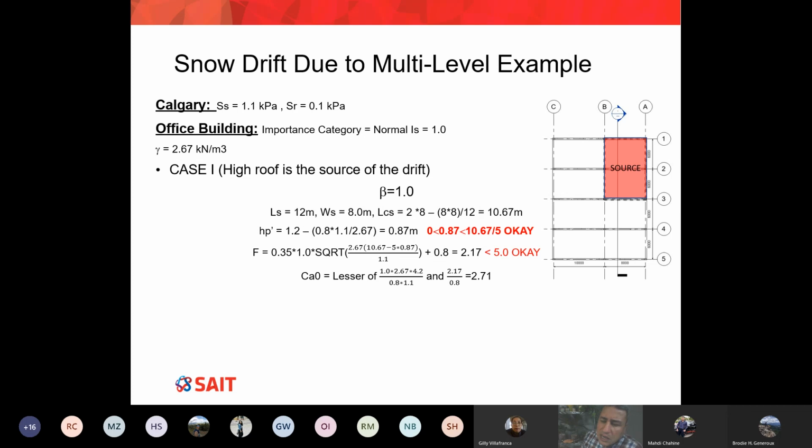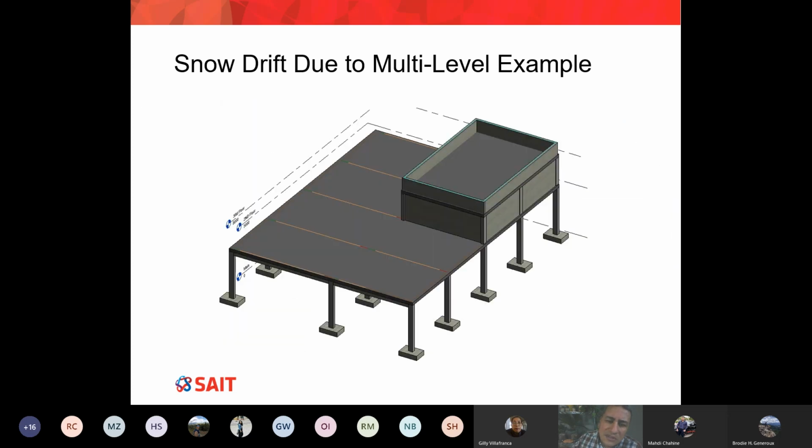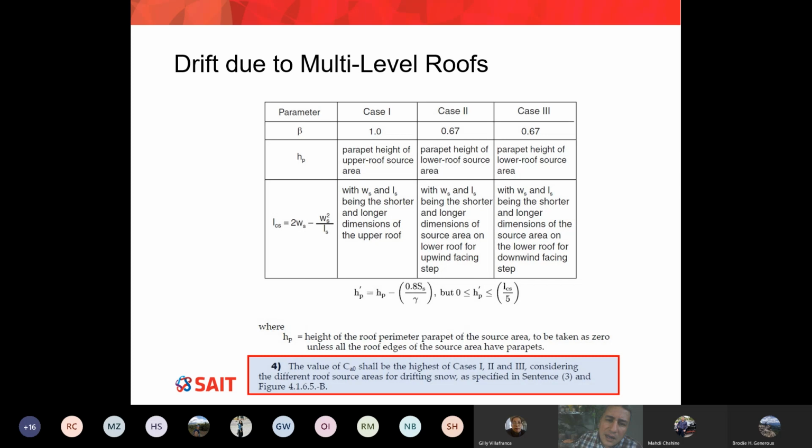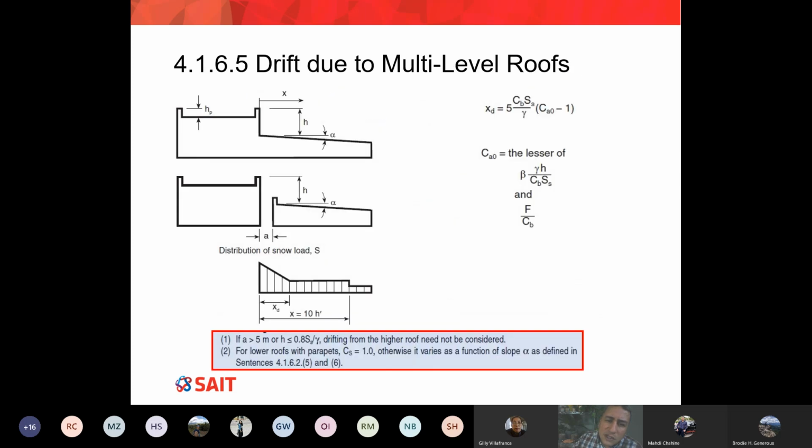Now let me show you step by step how to do the calculation, but I'm not going to focus on it right now. I will just go back and show you the big picture. So guys, look at the math again. Watch this, please. You can see that to find the XD, I need CA of 0. Do you agree?